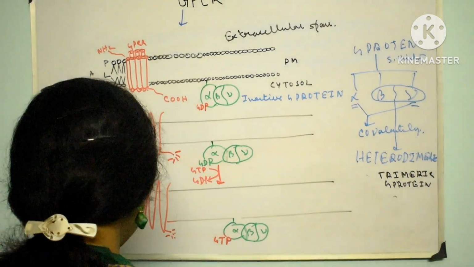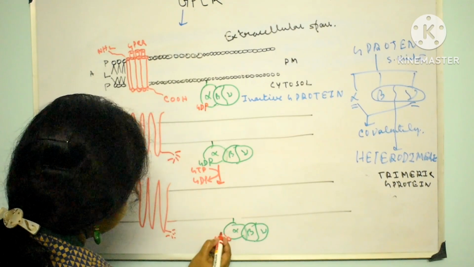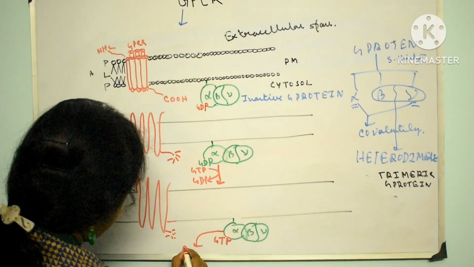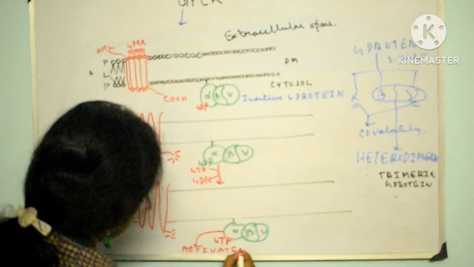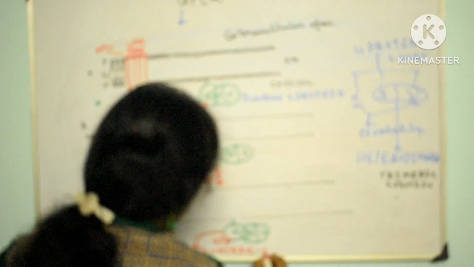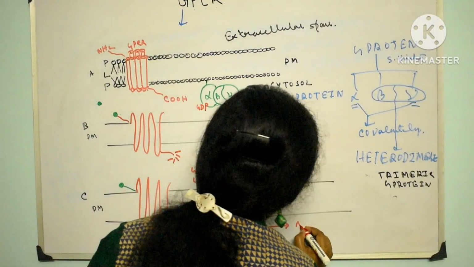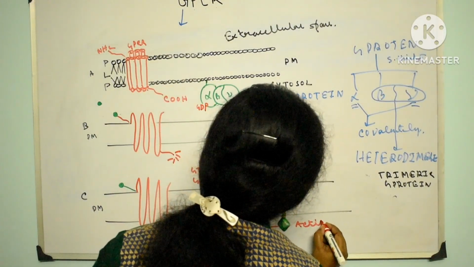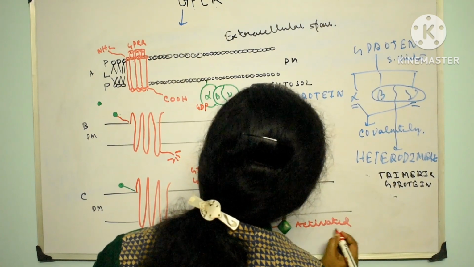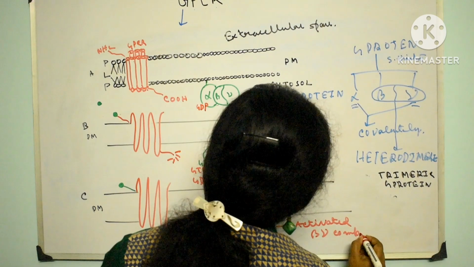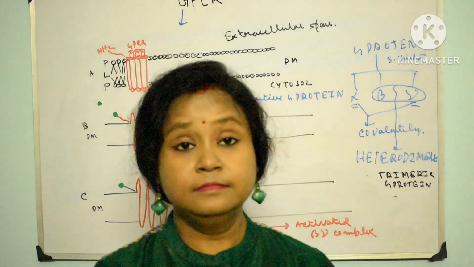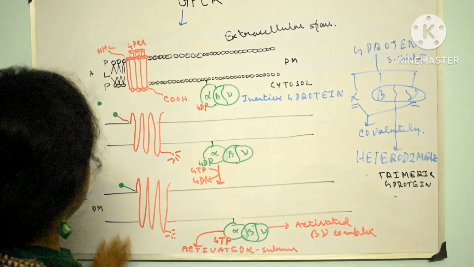Here this one is now activated alpha, the activated alpha subunit, and here the activated beta gamma complex. This figure is very much important.